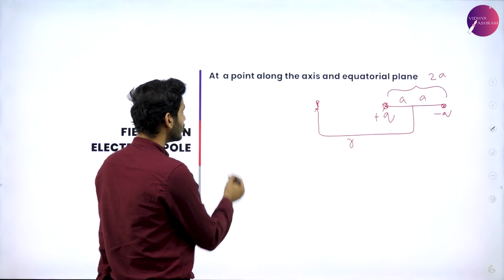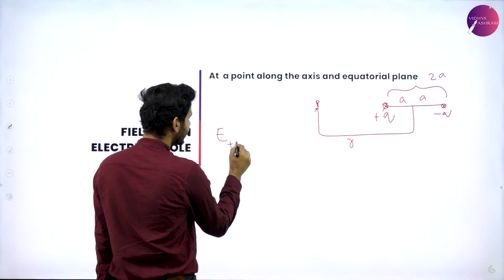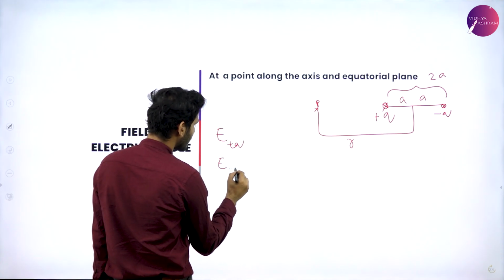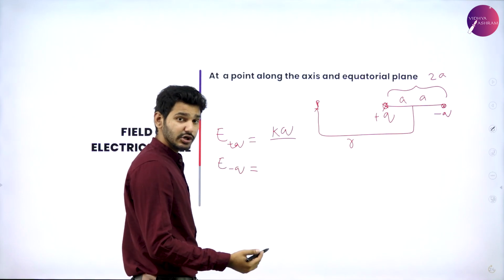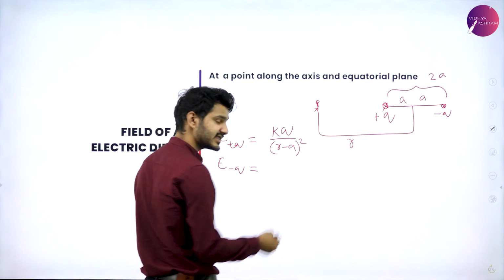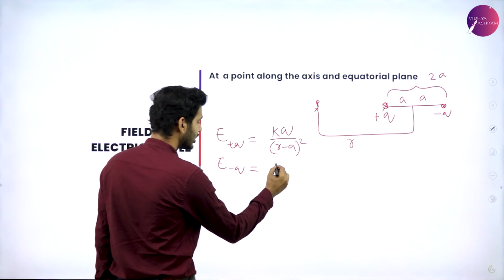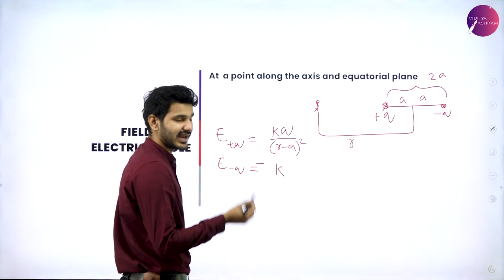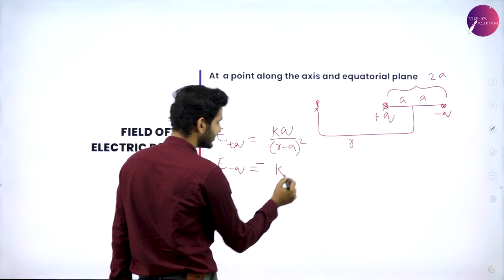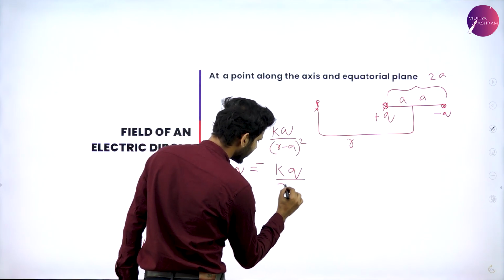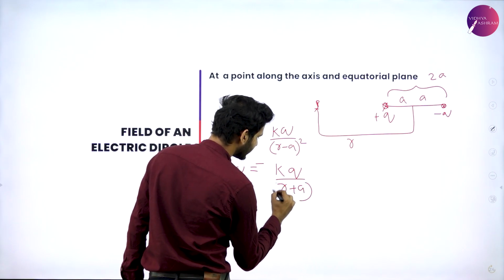From this, we know that E due to plus q is kq divided by r minus a whole square, and E due to minus q is negative, because the electric field's direction is in the opposite direction: negative kq divided by r plus a the whole square.